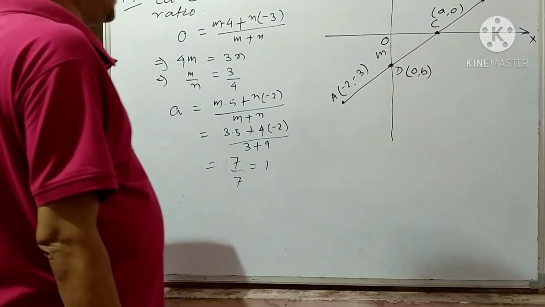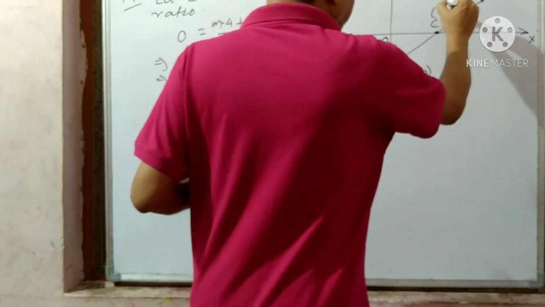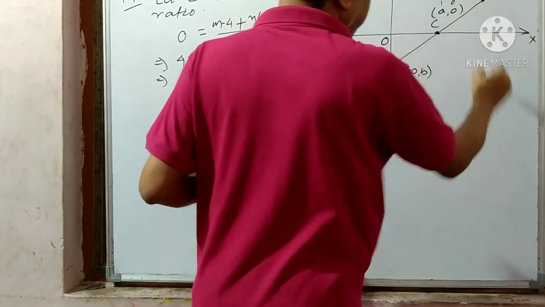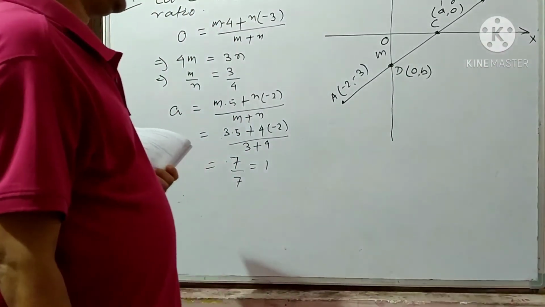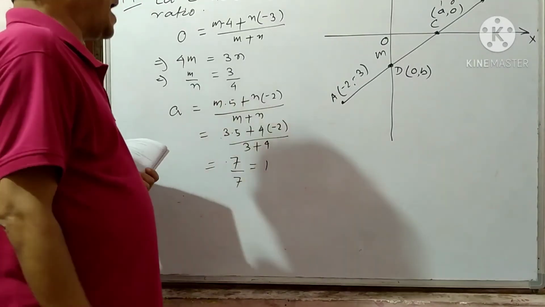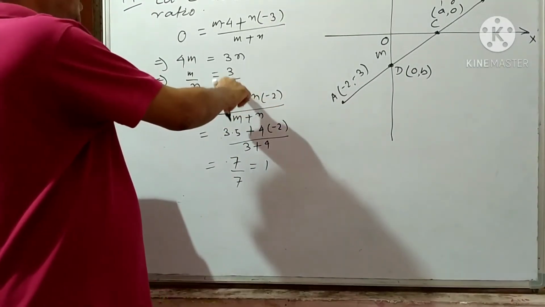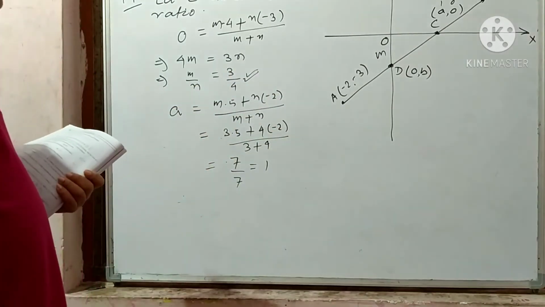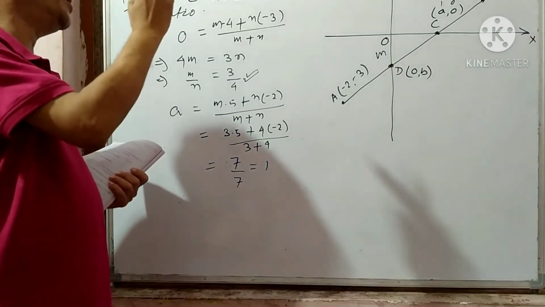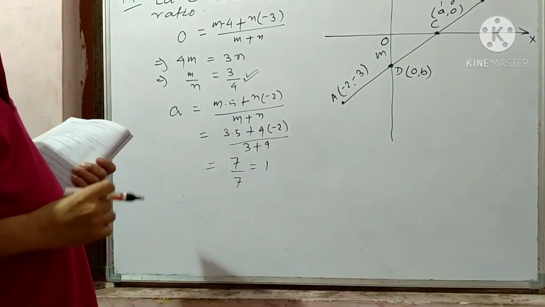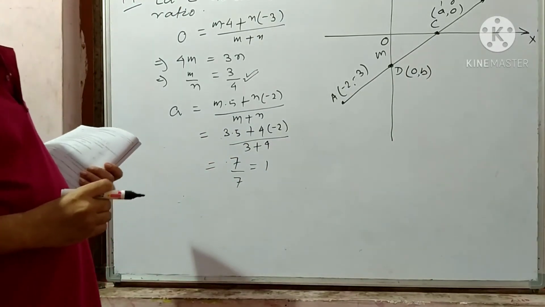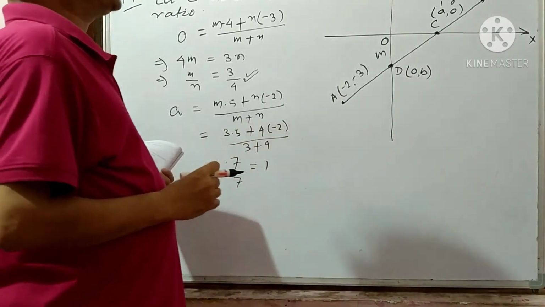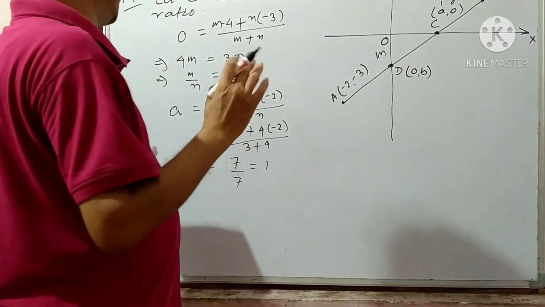So the value of a is found to be 1, so the point is (1, 0). And the ratio in which C divides AB is 3:4, and the coordinates of point C are (1, 0).